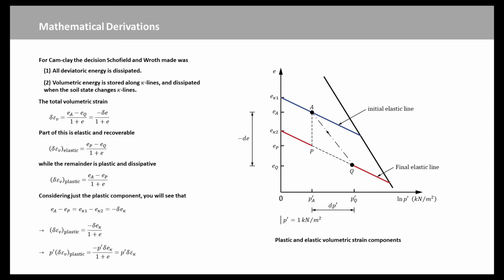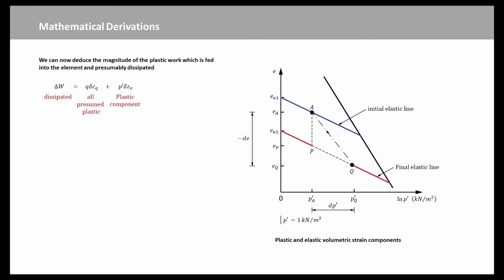Considering just the plastic component, you will see from this figure that e A minus e P equals minus delta epsilon kappa, so that the plastic volumetric strain shows here, which we might write as delta epsilon kappa, and the plastic volumetric work must therefore be this equation.